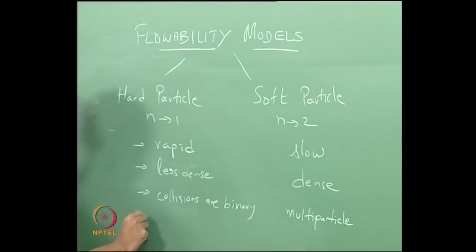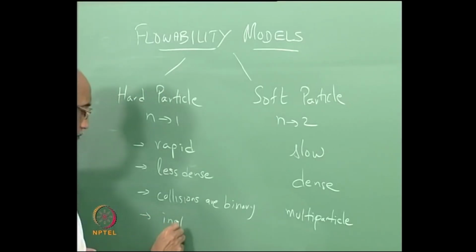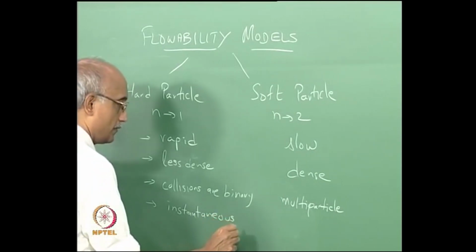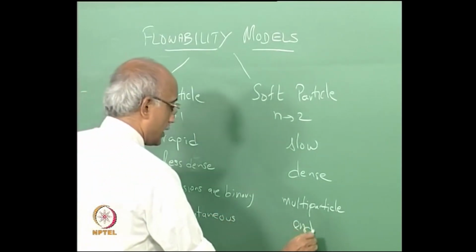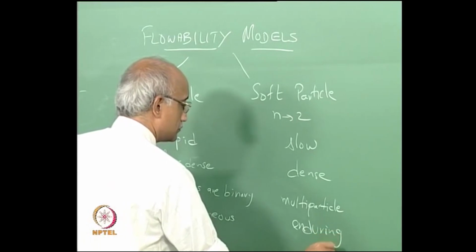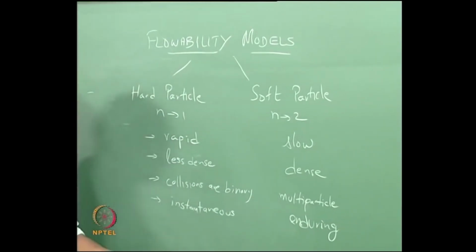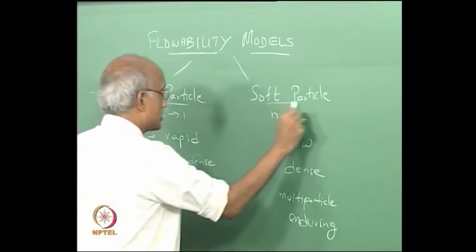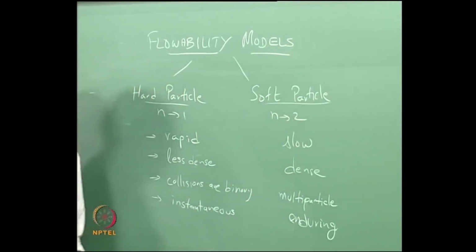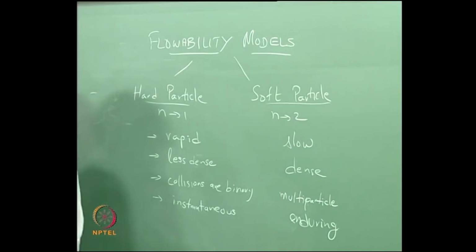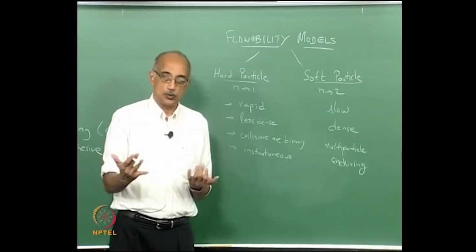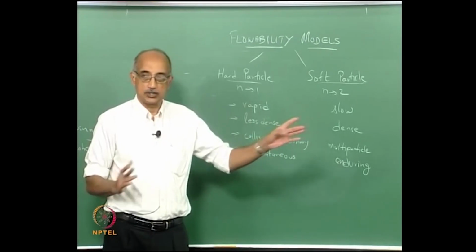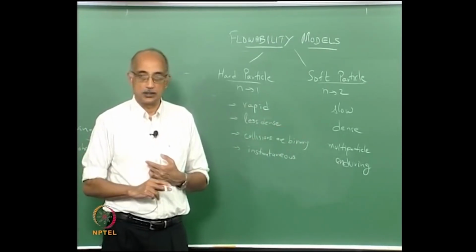In fact, they are also instantaneous, whereas here the contacts are enduring. So, in the case of the hard particle model, you can assume that because of the lack of cohesion, when one particle strikes another, it is an instantaneous contact. As soon as the contact is over, the particles will move away from each other. The first particle will go in its own direction and the second particle will go in its own direction.